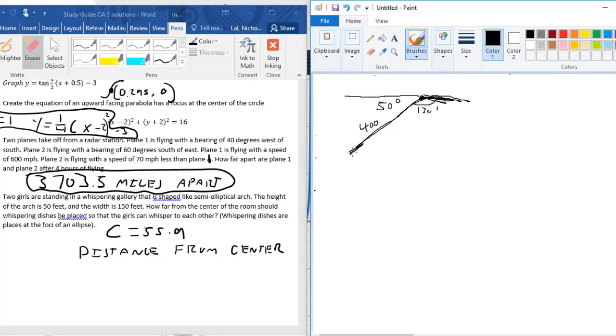Okay, and then we'll get there in a second. Then I stop here, and I now make sure the direction is 60 degrees south of east, so that's 300 degrees.